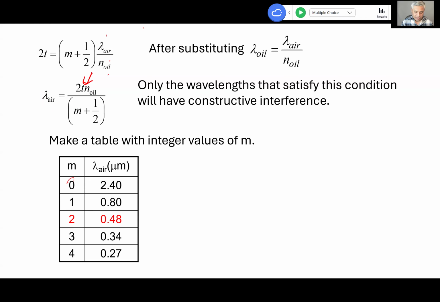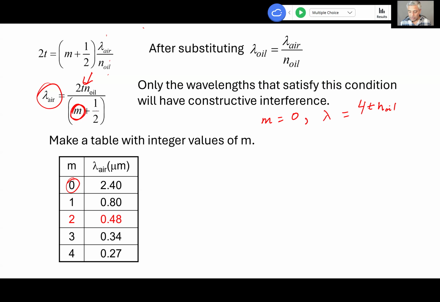For m equal to 0, what happens? This lambda here becomes 2 times T times the refractive index of oil, and then the one half, the fraction of a fraction, goes up and multiplies that.